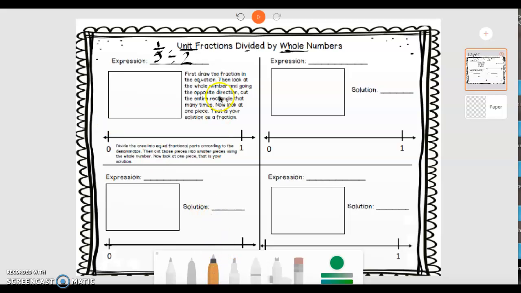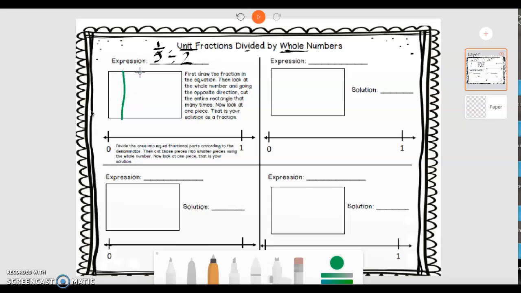Looking at the first part, it says first draw the fraction in the equation. So we're first looking at fifths, 1/5. We have to cut this rectangle into fifths. Fractions are divided equally. These may not look equal because I'm not that great at making them exactly the same, but I'm going to divide them into fifths.